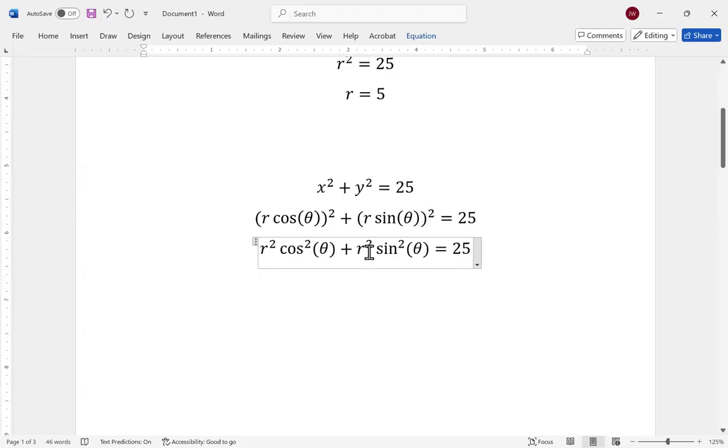And then I could have factored out an r squared, which gives me r squared multiplied times cosine squared plus sine squared of theta. We know that cosine squared plus sine squared of the same angles give me 1. So that's just r squared times 1 is equal to 25.